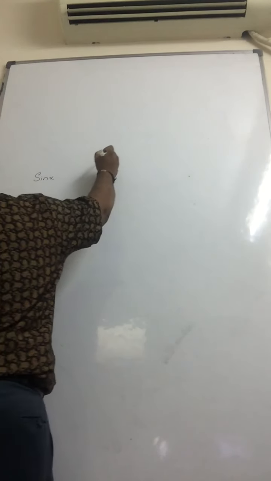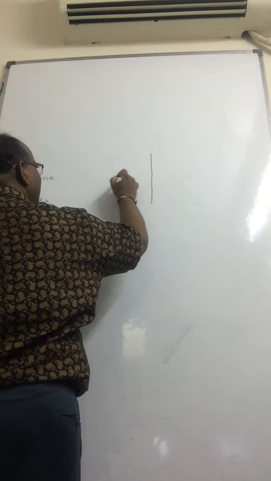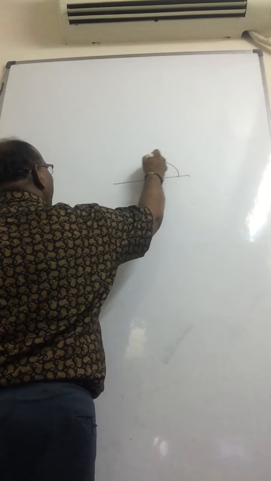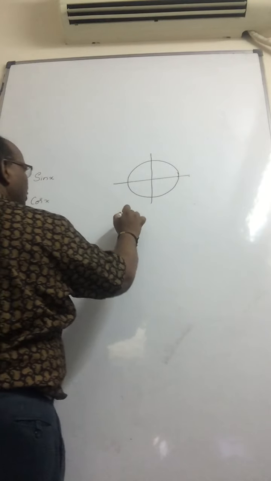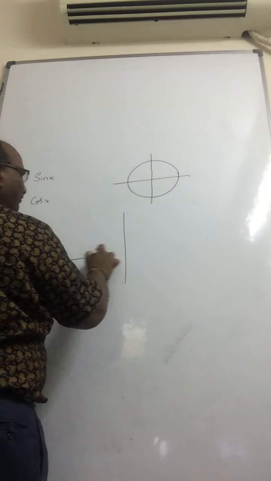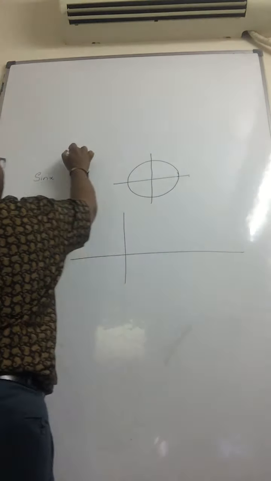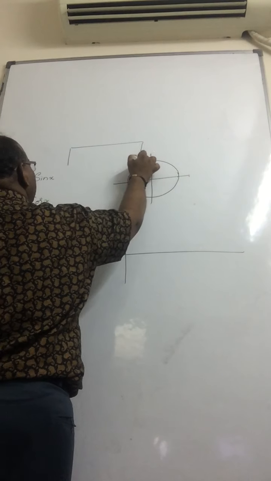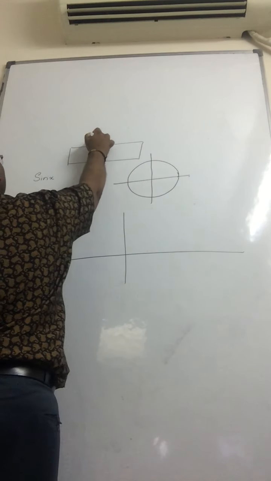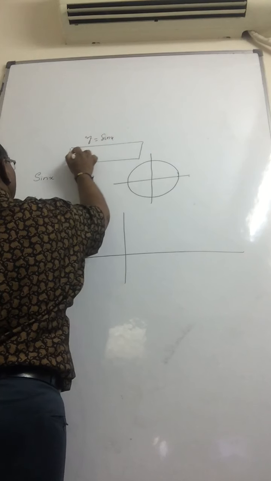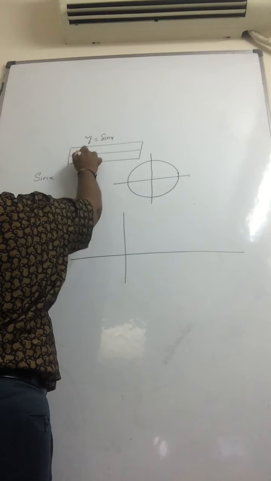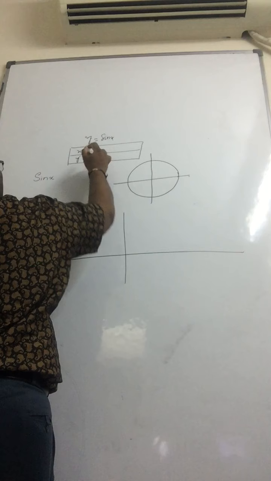Now, what is the advantage? If you consider a unit circle, to draw the graph of a function we need y values, that means sin x values corresponding to x values. For x equal to 0, 0.